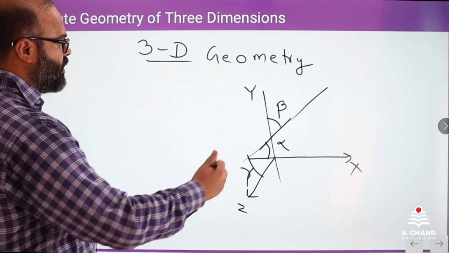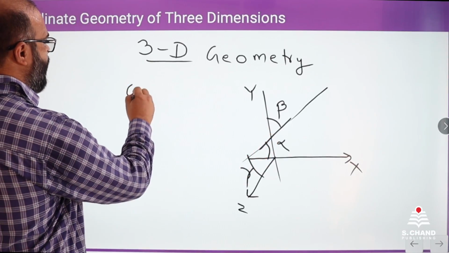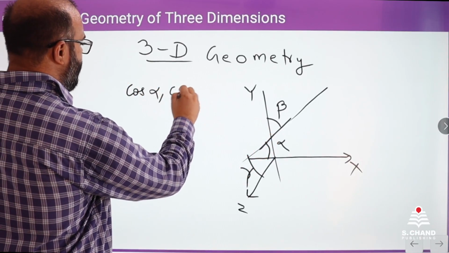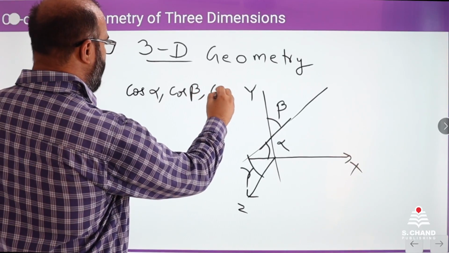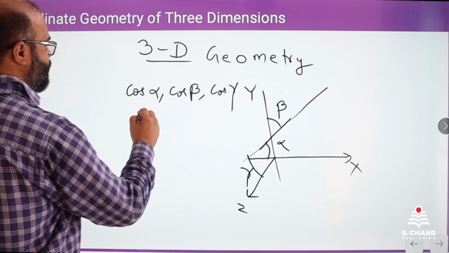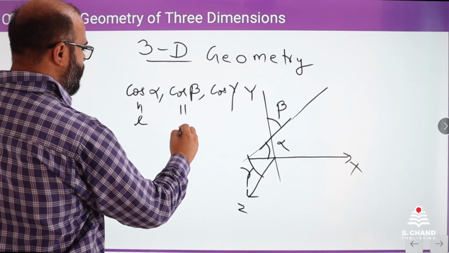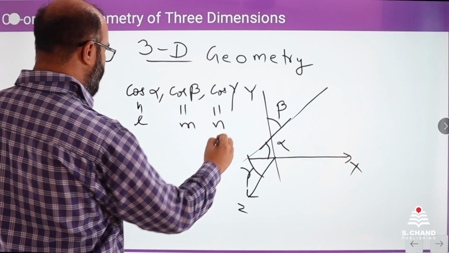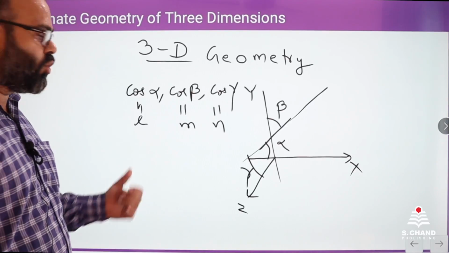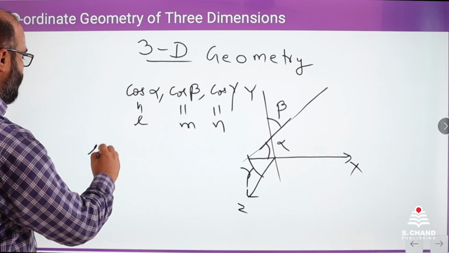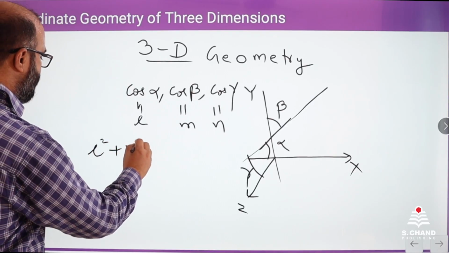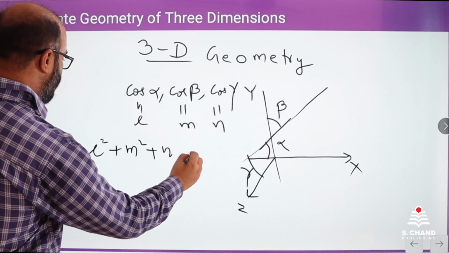Now if you take these 3 angles, then cos alpha, cos beta, cos gamma are called the direction cosines of this line, and cos alpha is called L, cos beta is called M and cos gamma is called N. This is the way we denote it, and we have L square plus M square plus N square is equal to 1.